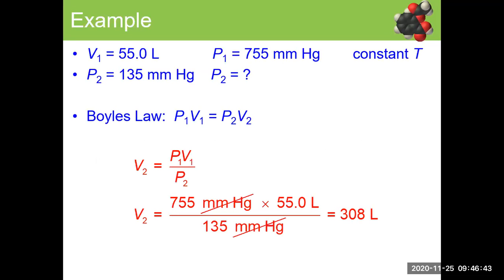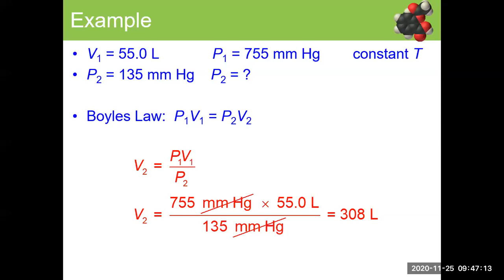So our V1 is 55.0 liters. Our P1 was 755 millimeters of mercury. Our P2 is 135 millimeters of mercury. And what would our V2 be?